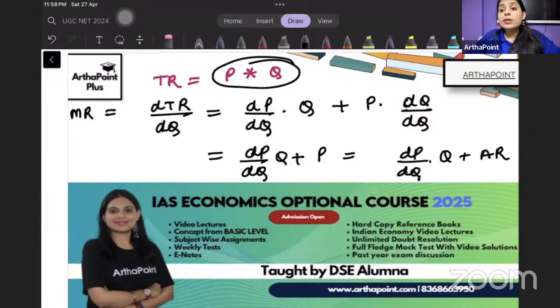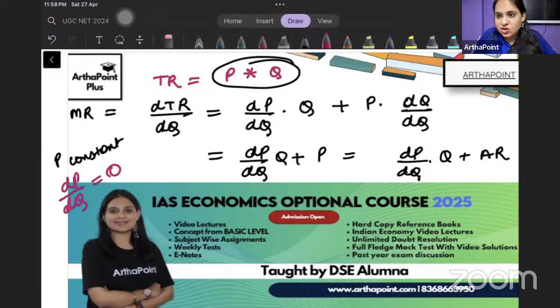Now, under perfect competition, the firm is a price taker. It takes the price as given. So price is assumed to be constant. Beta, if price is constant, then dP by dQ will be 0. Price cannot change. Price is a constant.